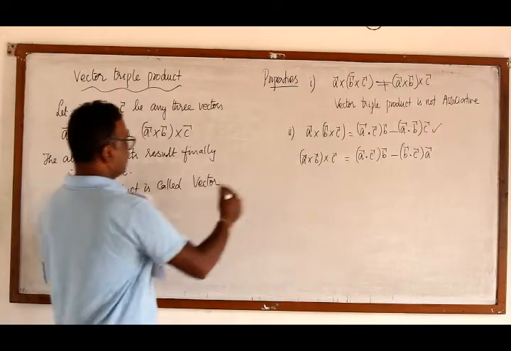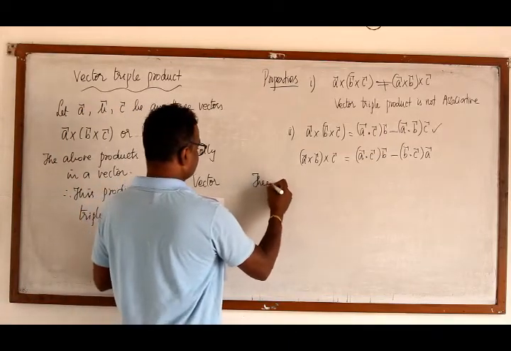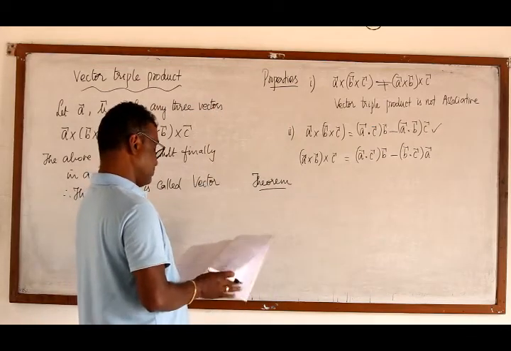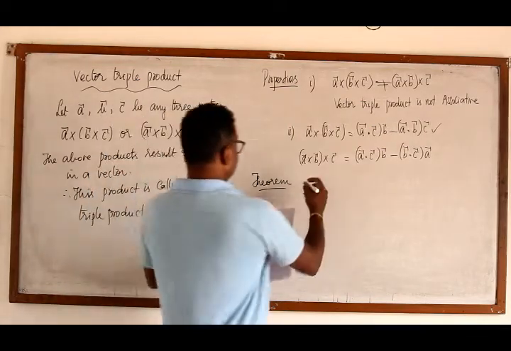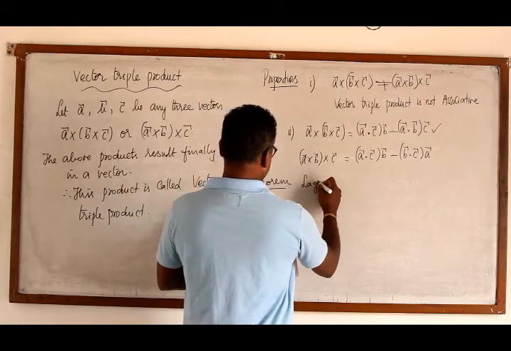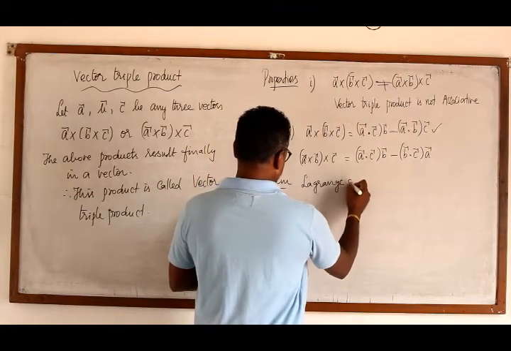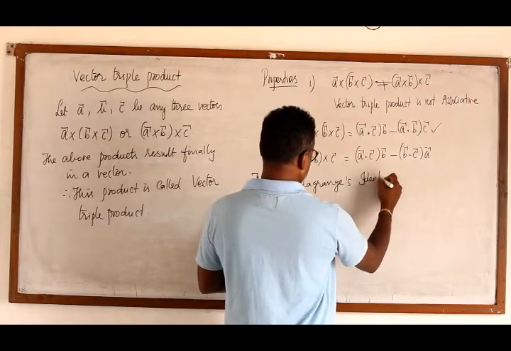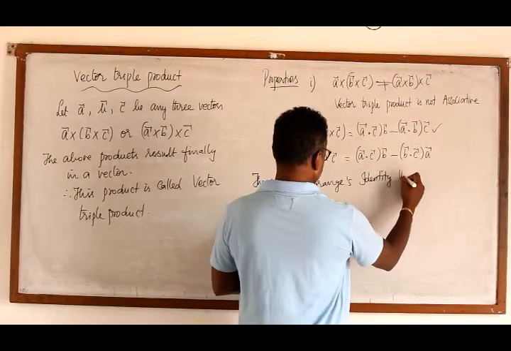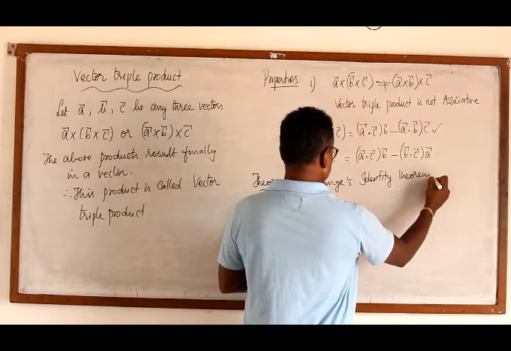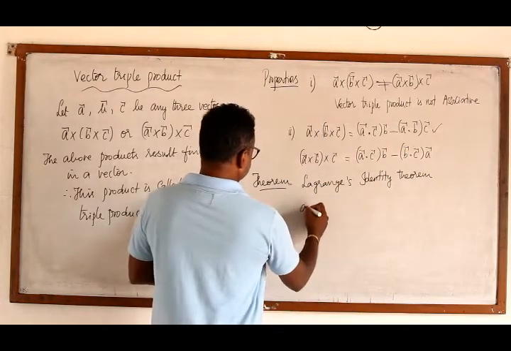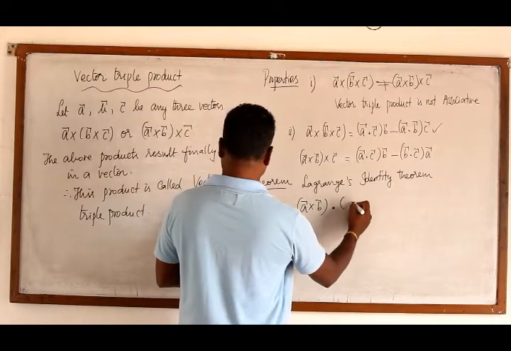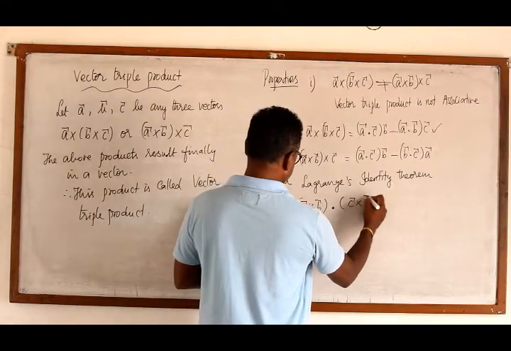First we shall go for a theorem. Here the theorem is Lagrange's identity theorem. (A cross B) dot (C cross D).